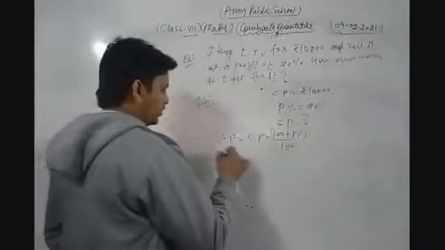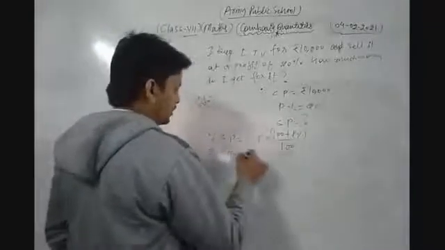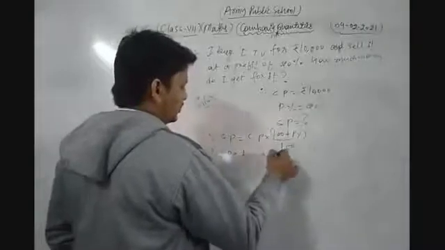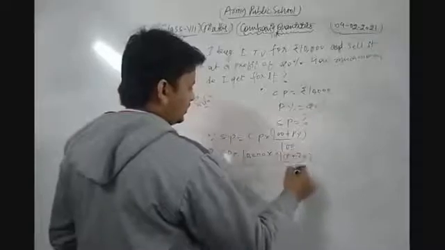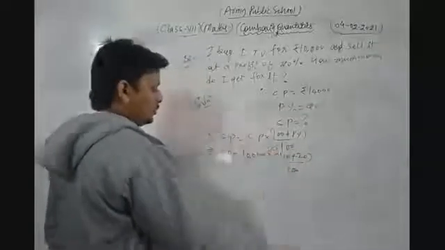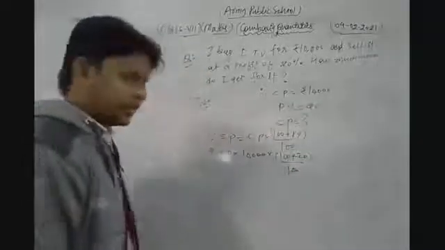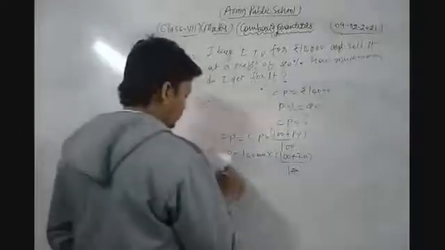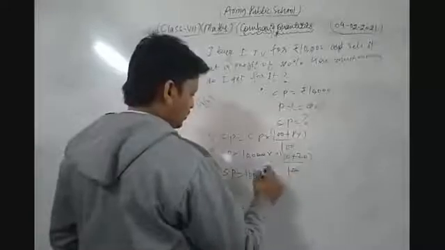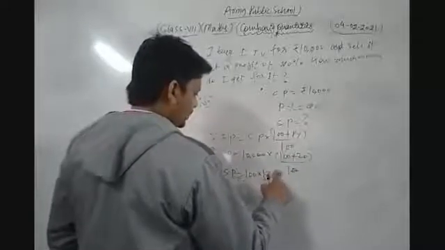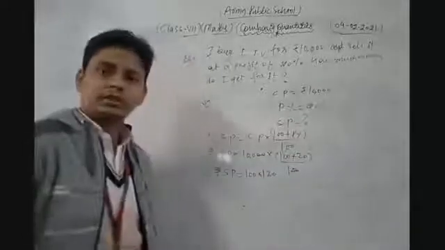Now from there we solve: selling price is equal to cost price, 10,000, into 100 plus profit percent, 20, upon 100, so the 100s cancel each other. Now we get 100 plus 20, which is 120.